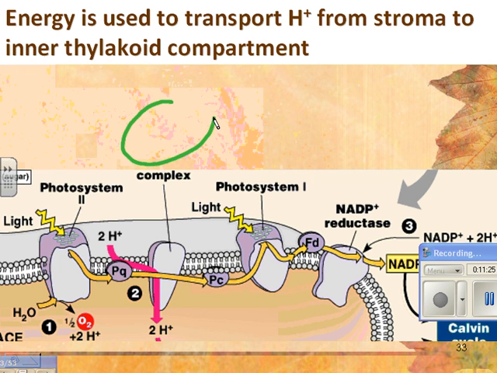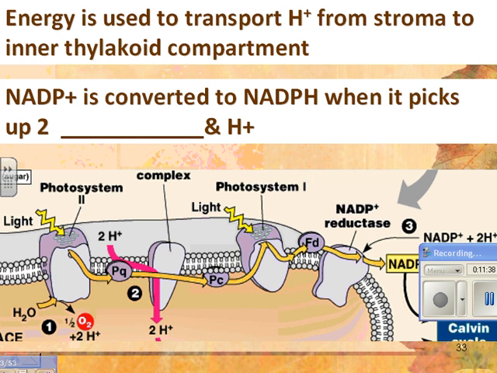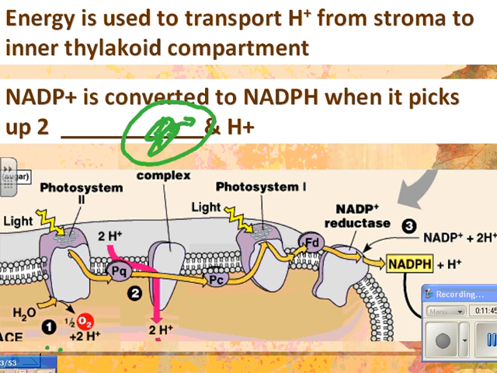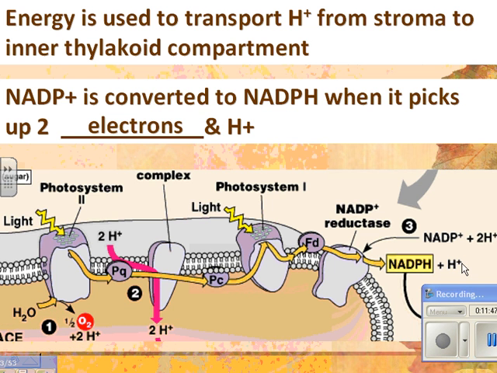Here's the chloroplast. It's a double membrane, and then you've got these thylakoids. You're shoving hydrogens inside here, and in a little bit, they're going to come out through ATP synthase. NADP plus, right here, is converted into NADPH when it picks up 2 electrons and some hydrogen ions. That's this part.